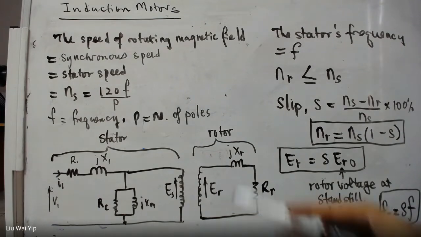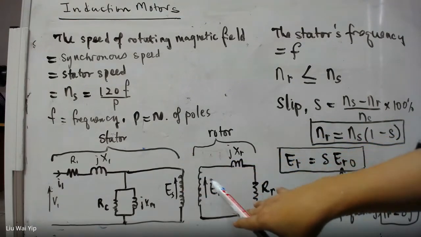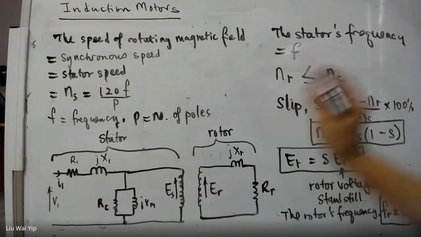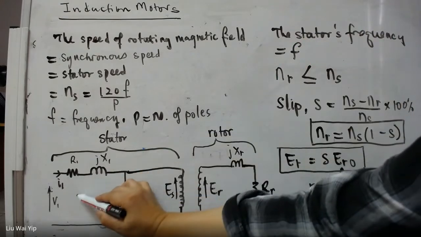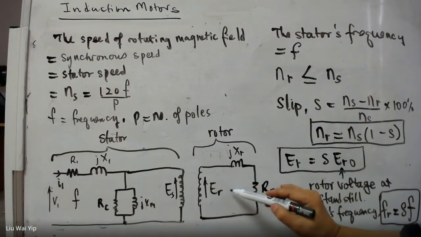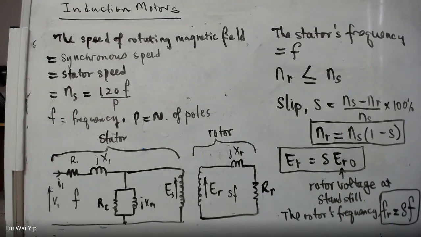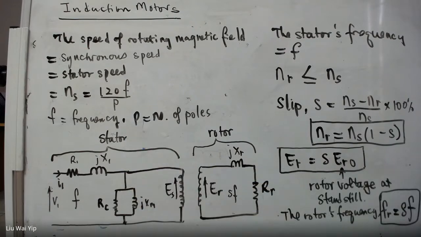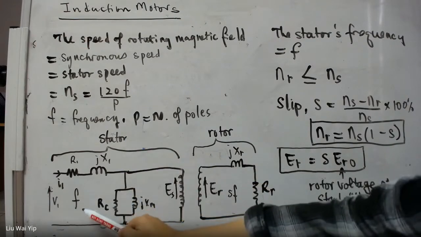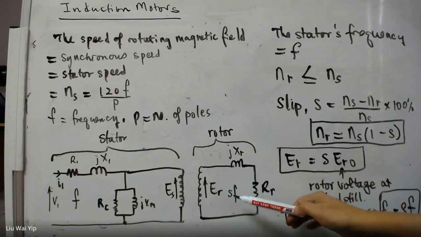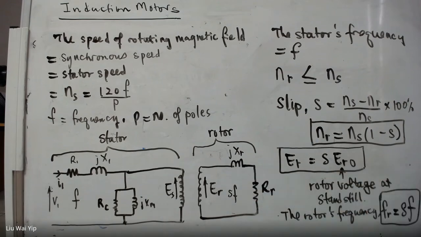Now, take a look here. We have a circuit here. And as I said, the frequency of the stator is F, but the frequency of the rotor is SF. You have two circuits here, one for the rotor and the other for the stator. The stator is running at frequency F, while the rotor is running at frequency SF.